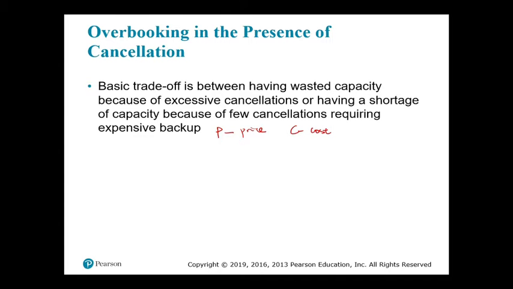And in case of shortage, so not a lot of cancellations and we overbook too much, in case of shortage, then we incur a backup cost, let's say equal to B.